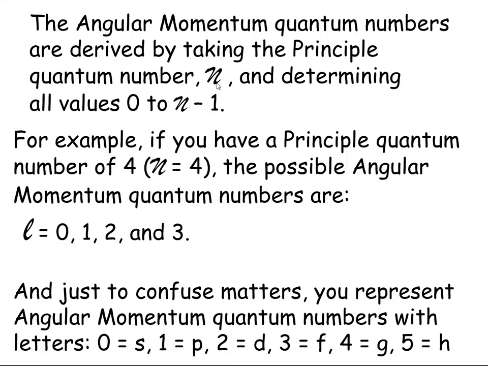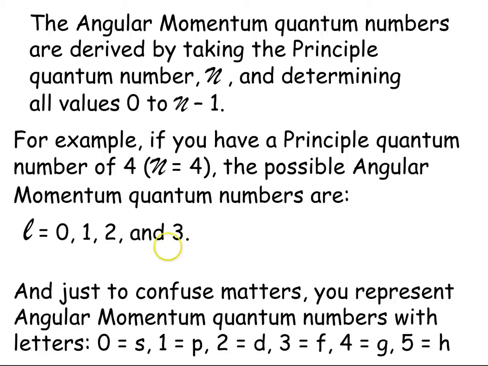So for example, if your principal quantum number is 4, so n equals 4, all the possible angular momentum quantum numbers are going to be 0, 1, 2, and 3. See, it's all values beginning at 0 and then whole numbers up to n minus 1.